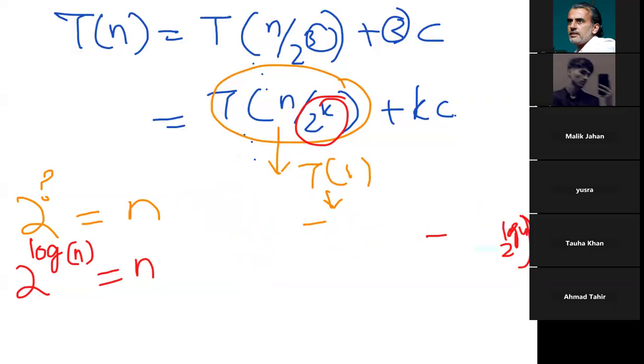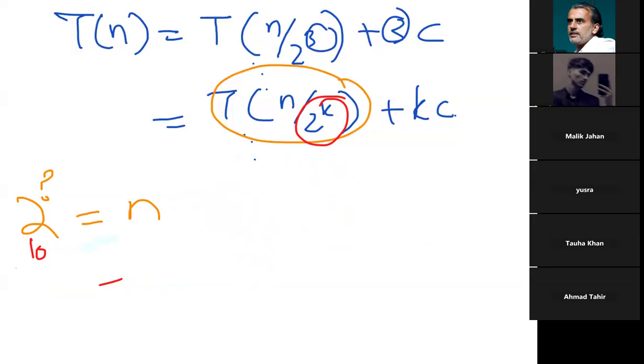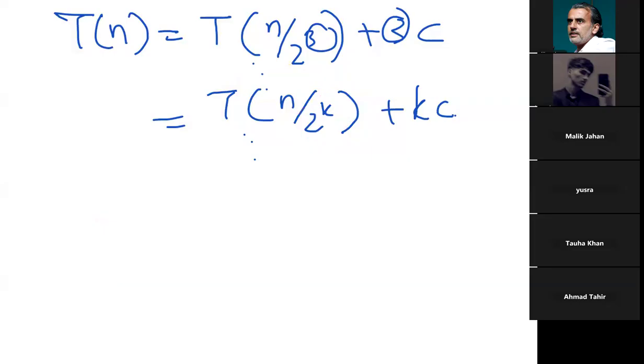Let me rewrite this whole thing in a cleaner fashion. We keep on going down until we reach T(n/2^log n), which means n/n, which is T(1).